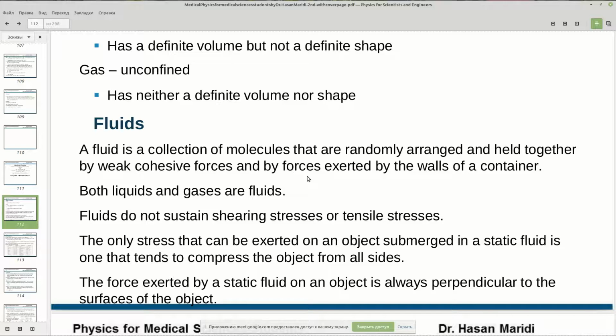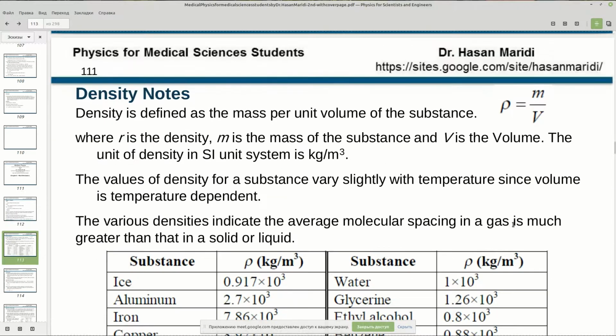The only stress that can be exerted on an object submerged in a static fluid is one that tends to compress the object from all sides. So the force exerted by a static fluid on an object is always perpendicular to the surfaces of the object.